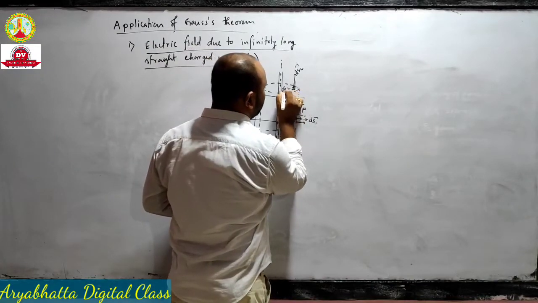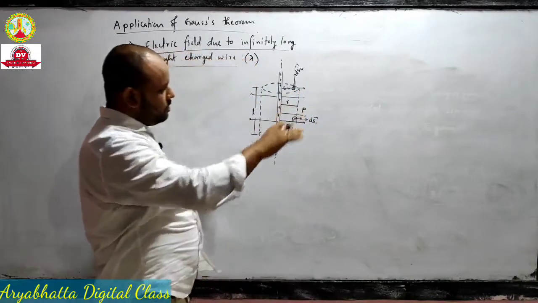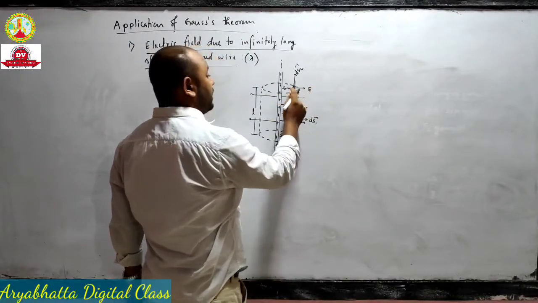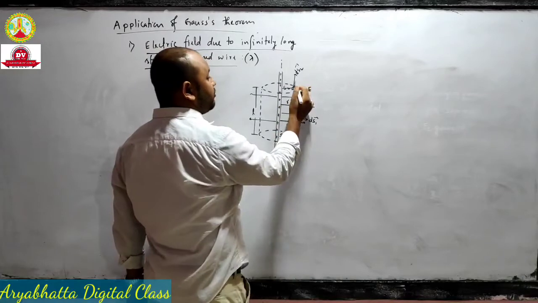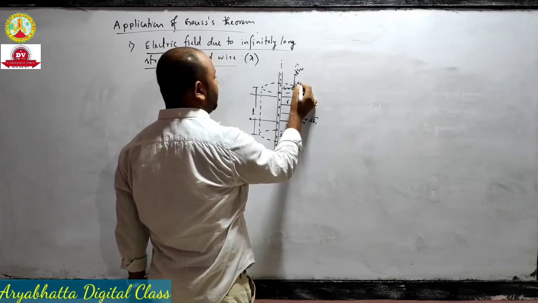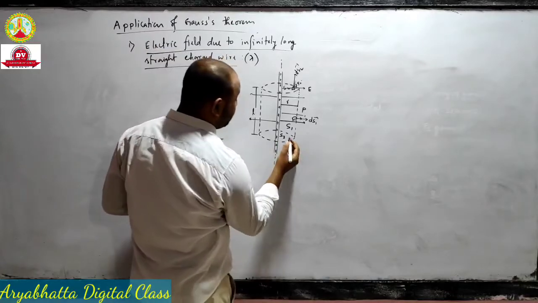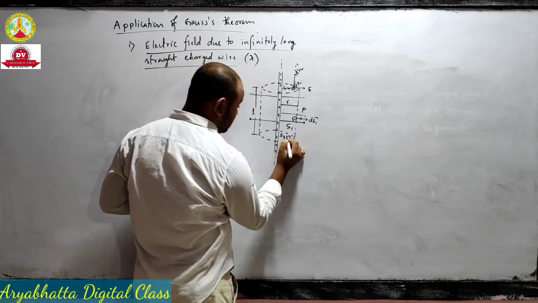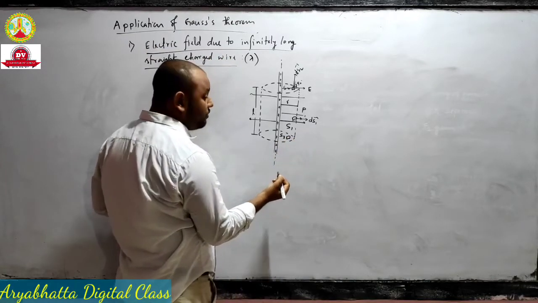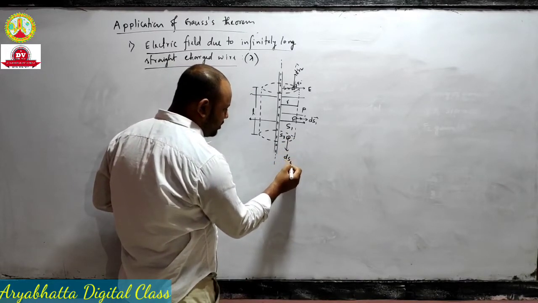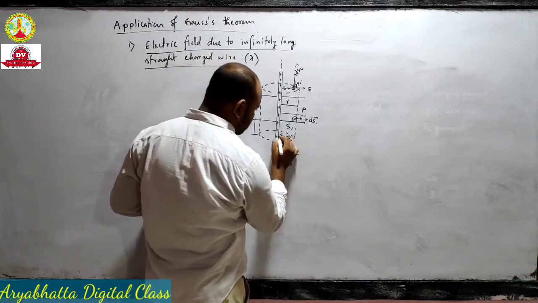You remember, electric field lines will be like this. So the angle between the area vector ds2 and the electric field is equal to 90 degrees. And if you consider a very small area element for the lower flat surface, the direction of the area element is always normal to the surface. This is the direction of area vector ds3, and this is the direction of the electric field.